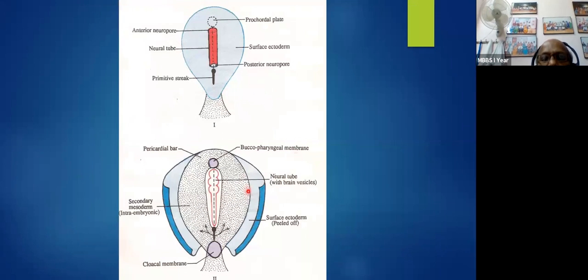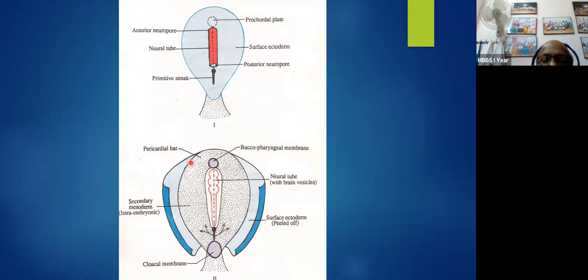Now see this picture. The ectoderm has been peeled, so now what you are seeing here is the mesoderm. What is given in dotted line is the intraembryonic mesoderm. Already you know that intraembryonic mesoderm is divided into paraxial mesoderm, intermediate cell mass, and lateral plate mesoderm. This will be the lateral plate mesoderm on either side.